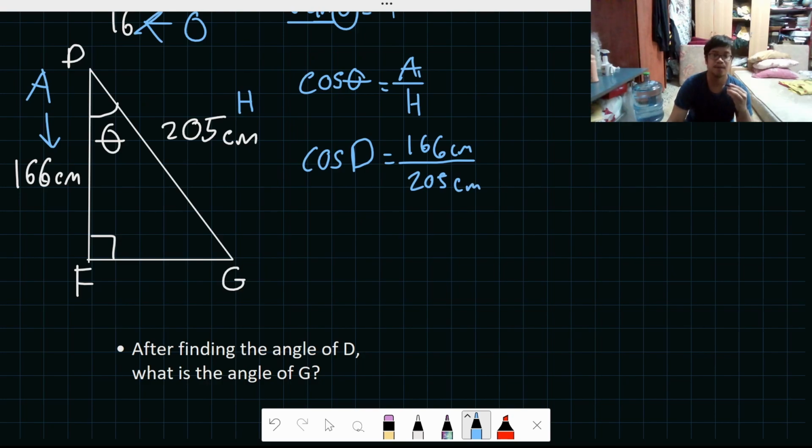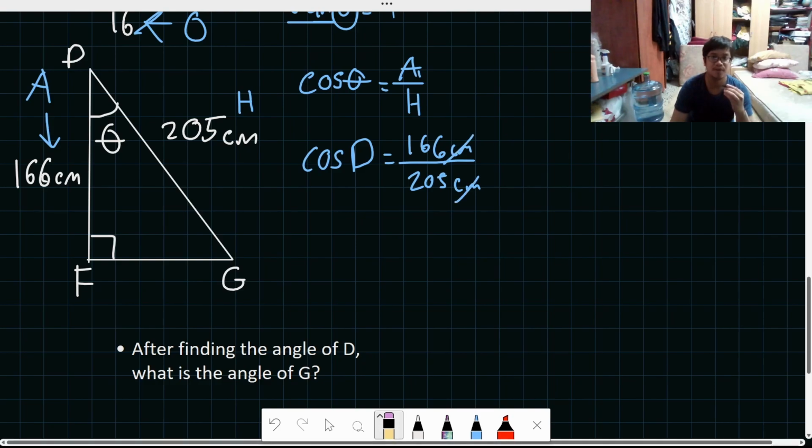All right. Now, question is, can we simplify this? Let me take a look if we can. If not, we're just gonna leave it that way. Okay, so basically we can't simplify it, so we can just leave it that way. And what we can do is cancel the units since we have centimeters above and below, so we can just remove them.